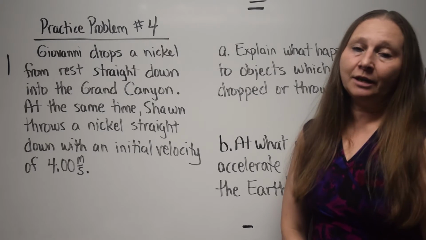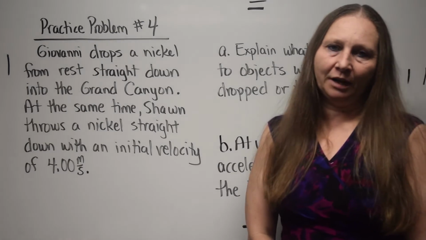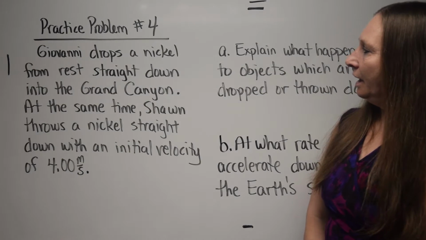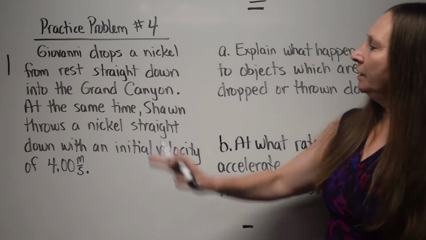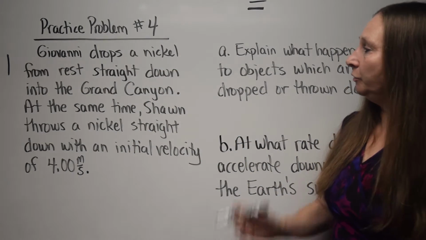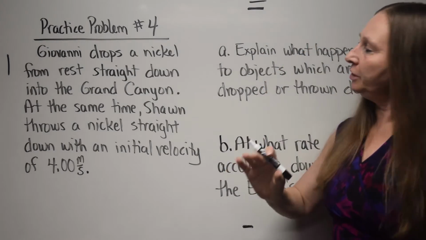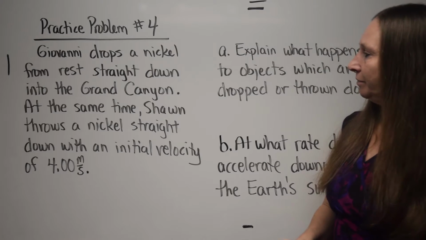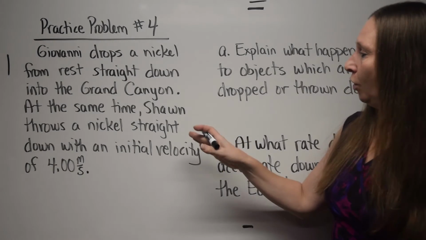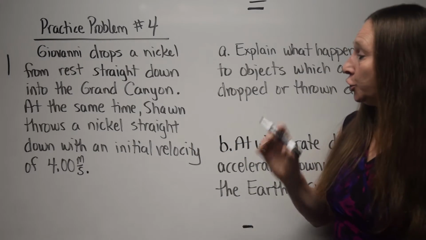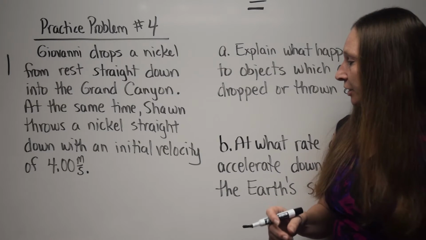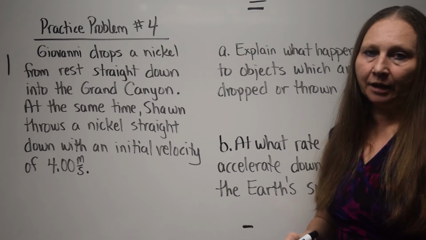We have here practice problem number 4, our last practice problem. In this problem, Giovanni drops a nickel from rest, so we know that V initial is 0. He drops it straight down into the Grand Canyon. At the same time, Sean throws a nickel straight down with an initial velocity of 4 meters per second.